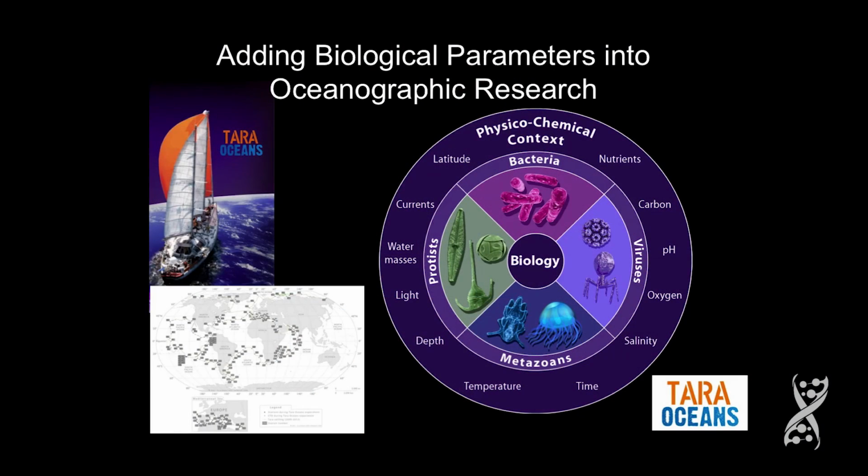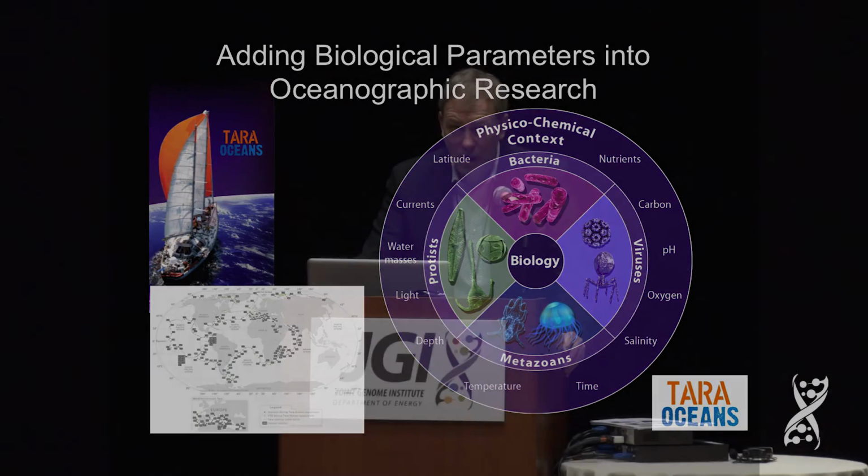So we wanted to put biology at the heart of the project and try and study the whole collection of planktonic organisms that are present in the oceans, which is quite a big challenge because you're going across about 5 orders of magnitude of size, from the smallest viruses up through the bacteria, through the microeukaryotes, the protists, and the small metazoans like copepods and so on, the zooplankton.